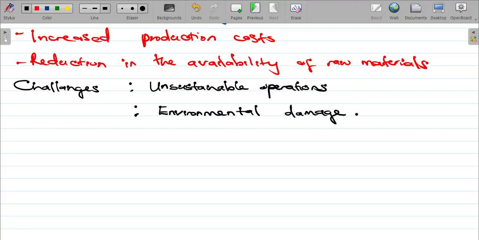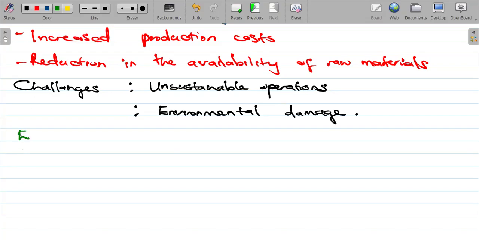So an example might be a mining company which faces reduced output due to depleted mineral reserves, right? It might face reduced output because of depleted or shortage or reduction in mineral reserves, right?